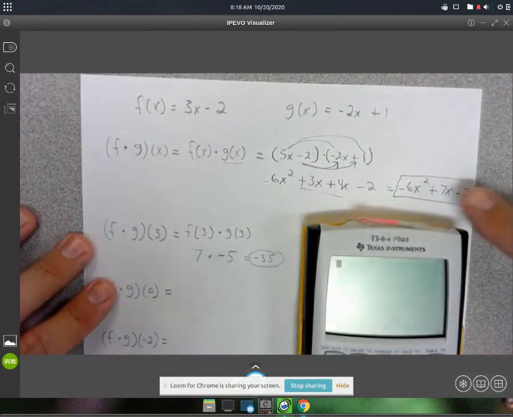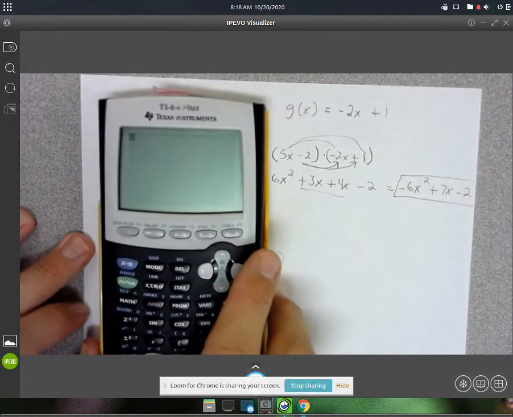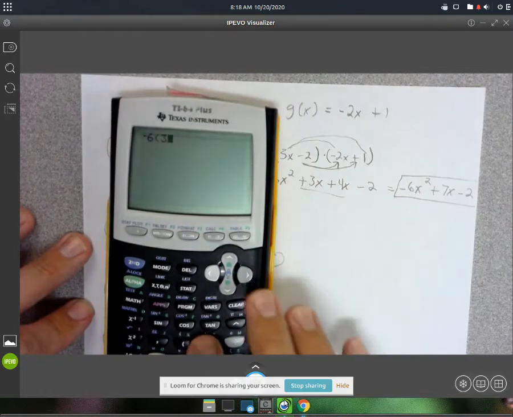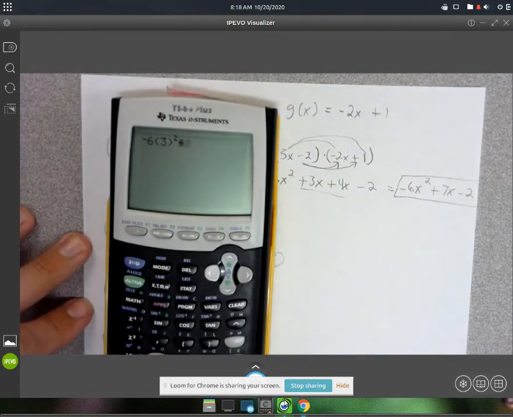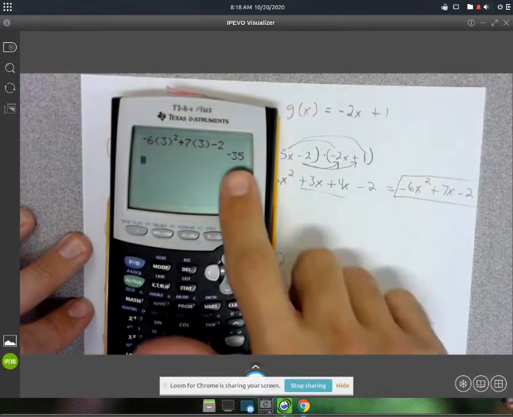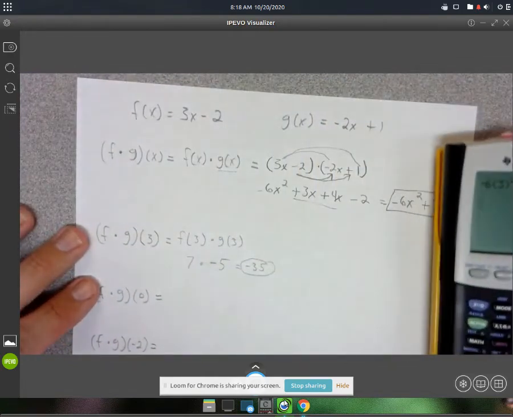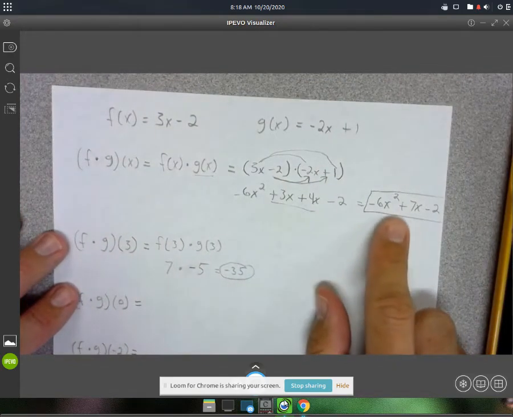All right, so we're just plugging in 3 for x. So we would have negative 6, 3 for x, plus 7 times 3, minus 2. And that also gives us negative 35. All right. If you have a calculator, I'm pretty sure it's a little faster just to use this function.